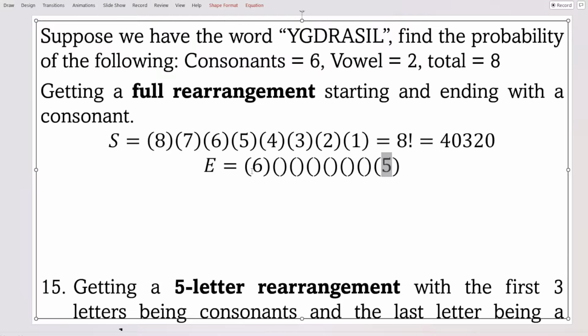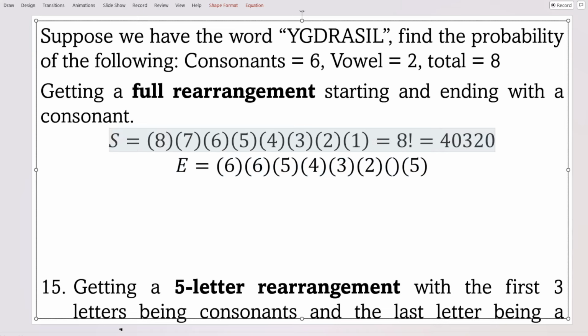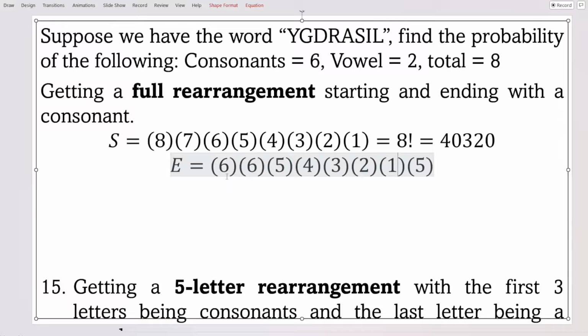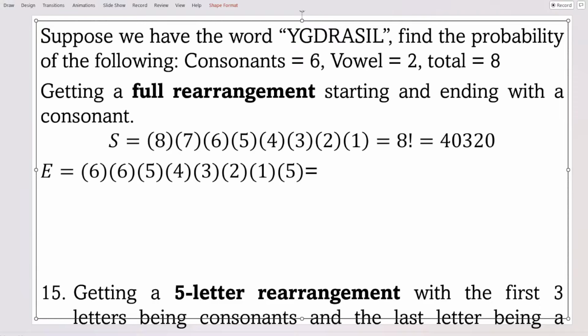We already used 2 letters. So how many letters do we have remaining? From 8, we used 2. That means we have 6 letters for the second letter, then 5, then 4, then 3, then 2, then 1. Put this in the calculator if you want, and this is 21,600.